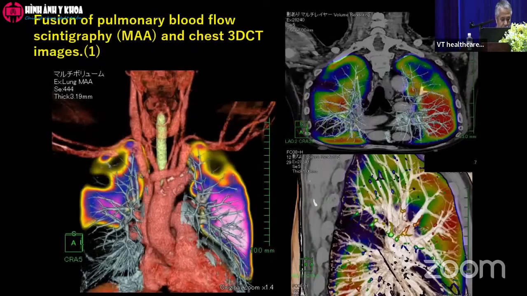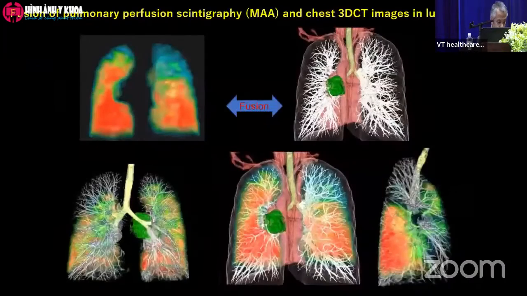The fusion of pulmonary blood flow scintigraphy and chest 3D image of a case of pulmonary information is shown. Fusion of perfusion scintigraphy, MAA, and chest 3D CT image in lung tumor.